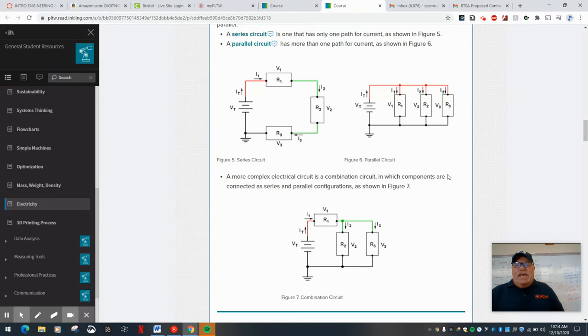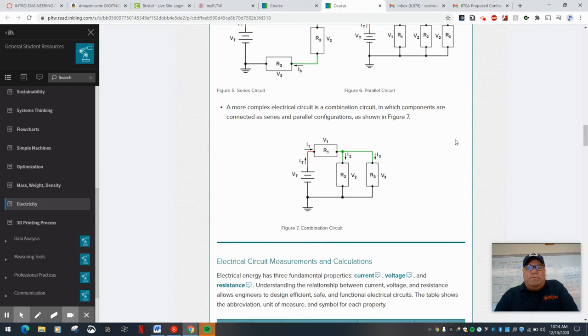Here you can see that here we have our battery and the voltage. I is for current, right? So you see that our current flows here. Here we have resistor 1, volt 1, volt 2, volt 3, and resistor 3.